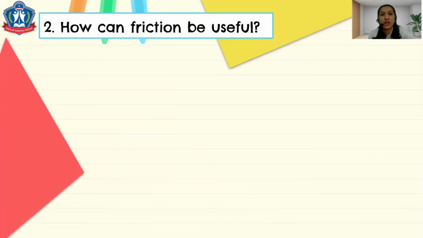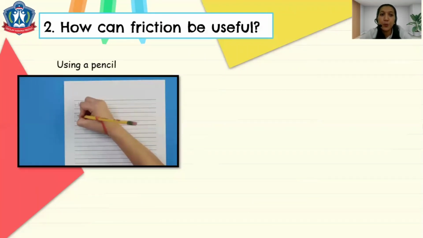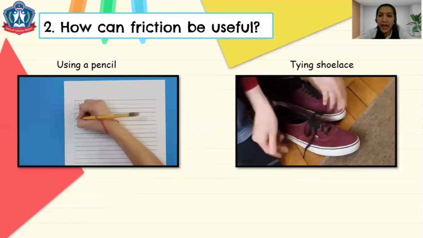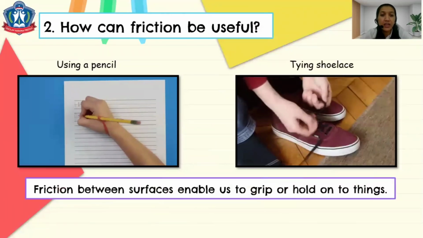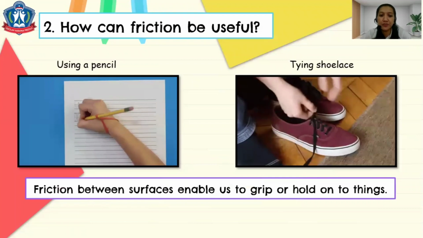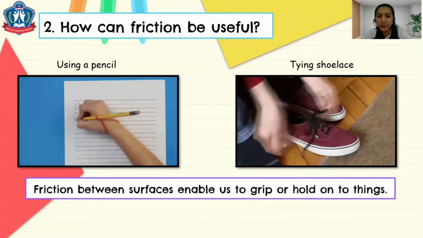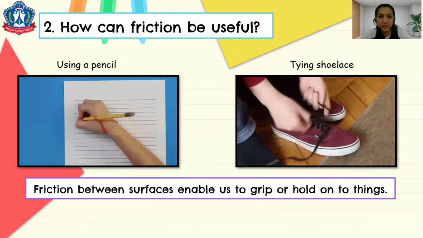So my question, how can friction be useful? Can you take a look at those pictures? First, using a pencil and tying your shoelace. Here, friction between surfaces enables us to grip or hold on to things.